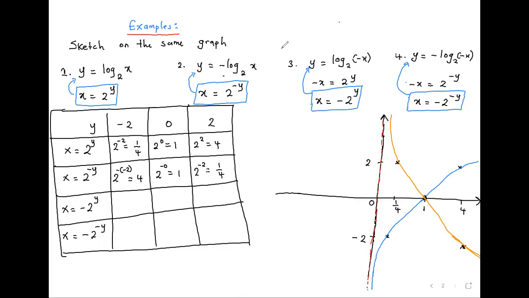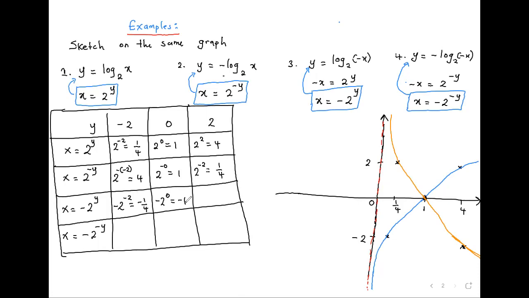We come to the third line. When y is -2, we have -2 to the power -2, which is -1/4. And when y is 0, we have -2 to the power 0, which is -1.